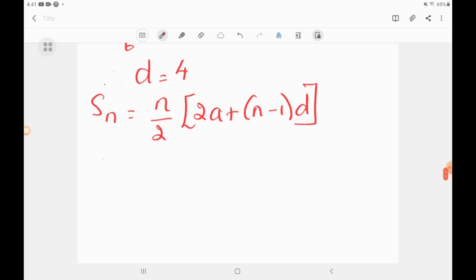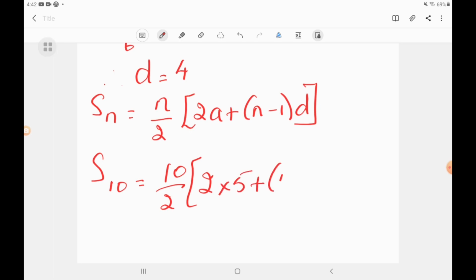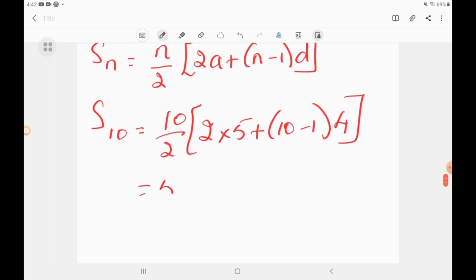We're finding the 10 terms, therefore n is 10. So 10 divided by 2 times (2 times 5, a is 5, plus (10 minus 1) times d, which is 4). So therefore we have 10 divided by 2 is 5, 2 times 5 is 10, plus 9 times 4.